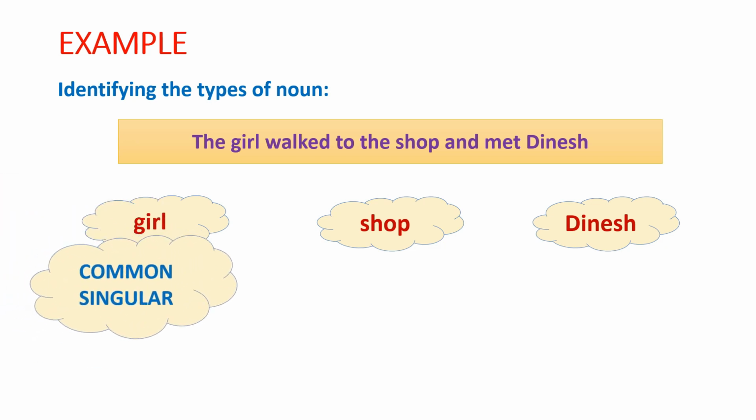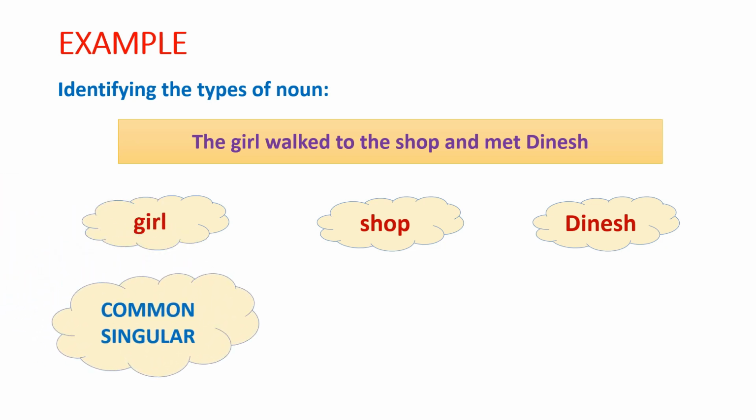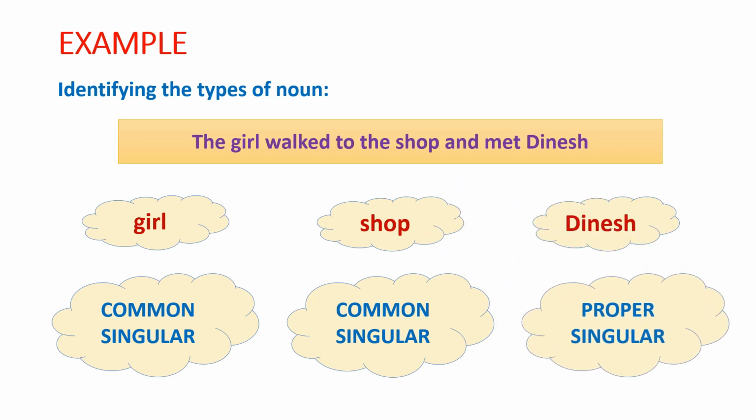Girl is a common and singular noun because girl is not a unique name, so it is a common noun and it is singular. For shop, it is also common and singular because shop is not unique. And Dinesh is a proper noun and singular because Dinesh is a unique name.